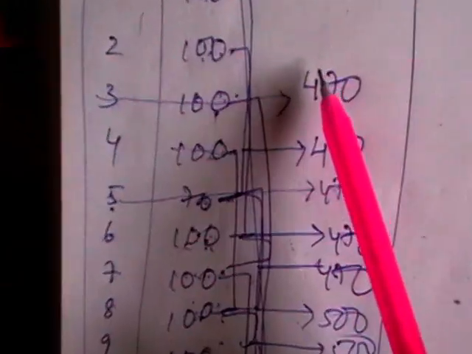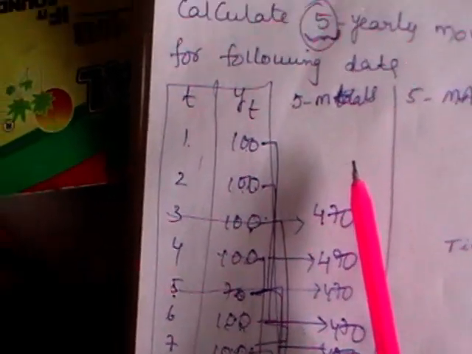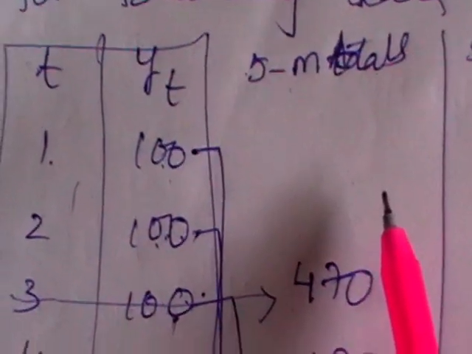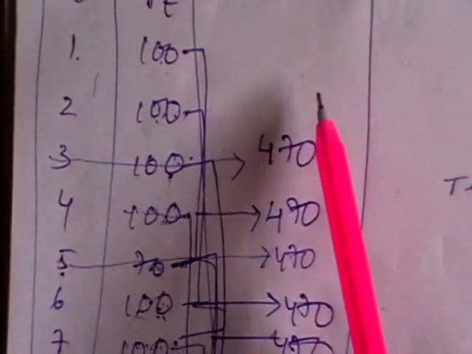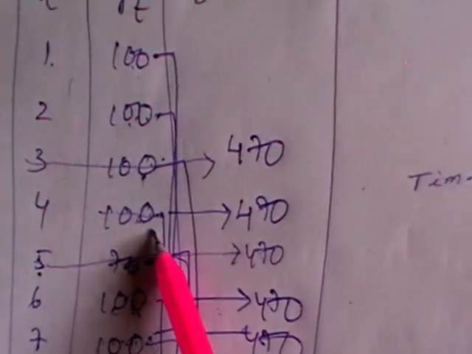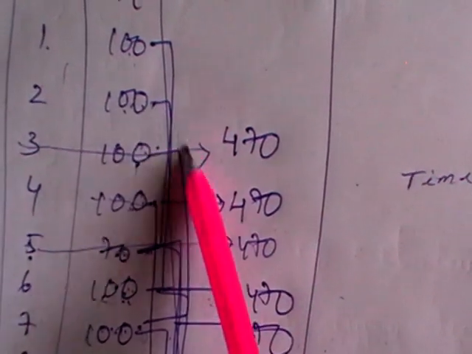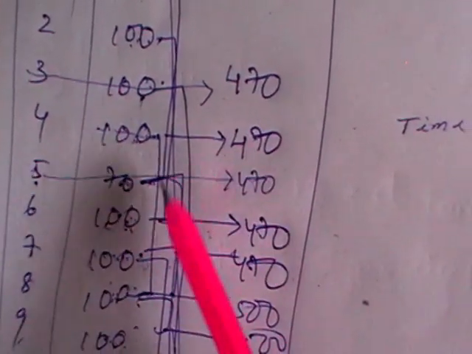So to calculate trend values using moving averages, first identify the moving period. Here the moving period is 5; generally it may be even or odd. Here 5 is a simple odd moving period. In that case, you calculate moving totals. Add the first 5 observations and place the total against the middle one. Add the second 5 observations and place it against the fourth observation, and so on.